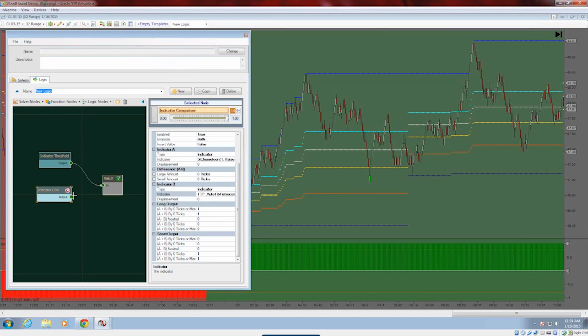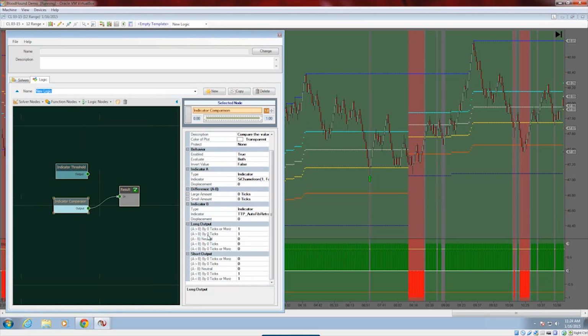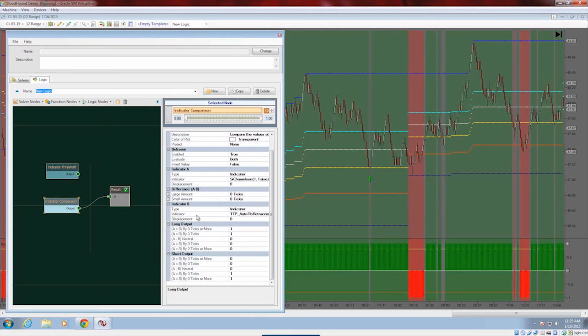Okay, so now when I connect it, we're getting the opposite output. It's because for the long output, I'm looking at when A is greater than B. This is really important that you understand the comparison.